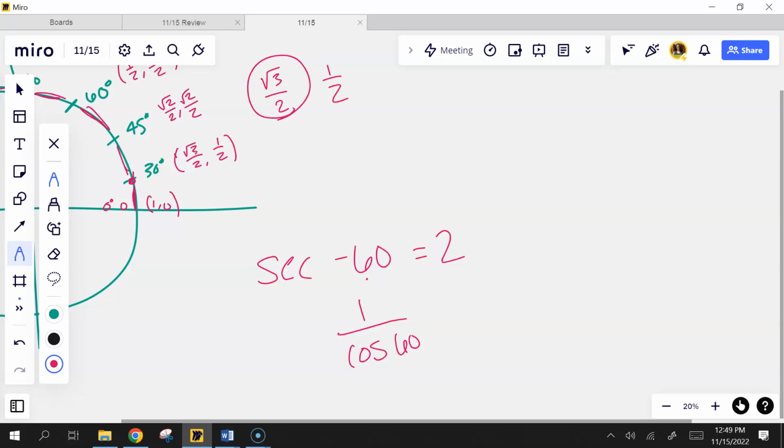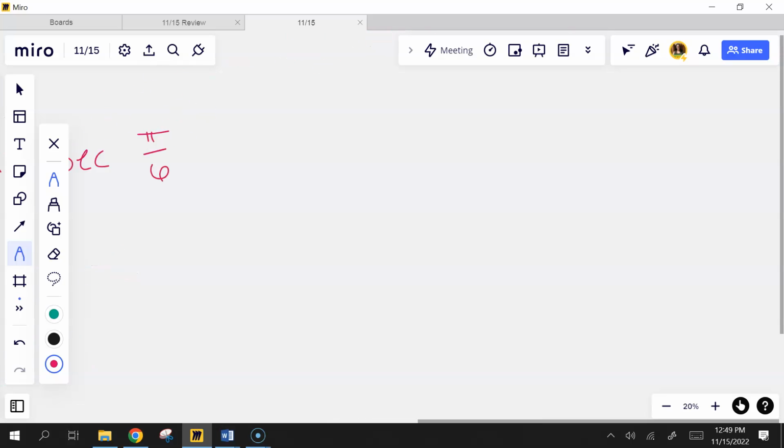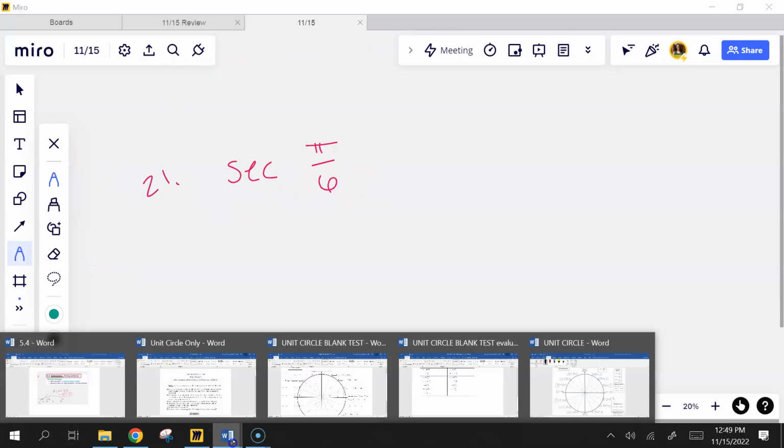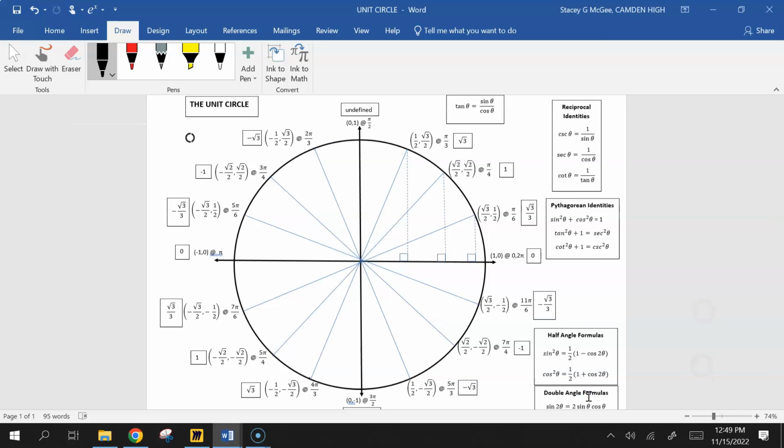And that's what we got. Why don't we just do it on our calculator? Because they're not all exact. So what is secant of pi over 6? Well, pi over 6 is here. And you could check what you're doing. For this one, because it's pi over 6, that's radians. So yeah, it'd have to be in radians to check.